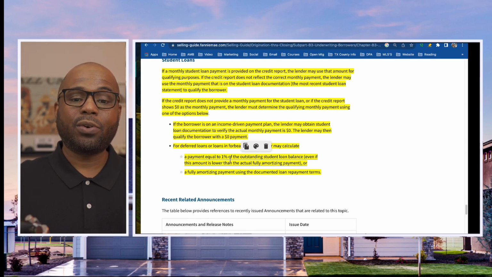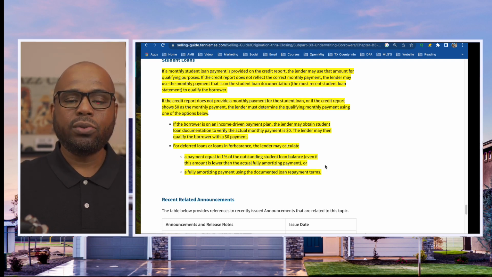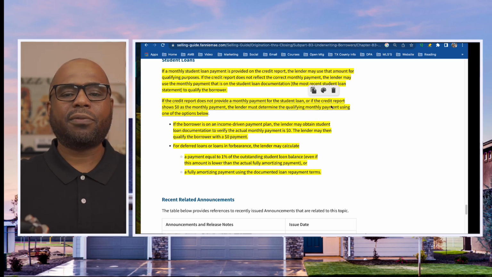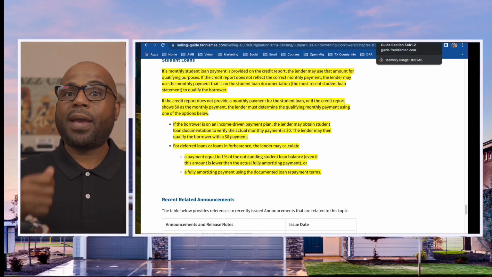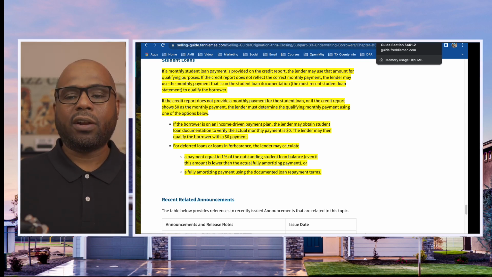So a payment equal to 1% of the outstanding student loan balance, even if the amount is lower than the fully amortizing payment using the documented loan repayment terms. And again, guys, I'm going to do a video on a fully amortized payment because there's a lot of misinformation out here online making folks believe I've been making payments all this time and my balances are growing. They're growing because you're not making the fully amortized payment.